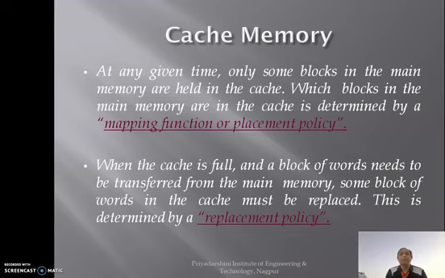When the cache is full and a block of words needs to be transferred from main memory, some block of words in the cache must be replaced. This is determined by the replacement policy.